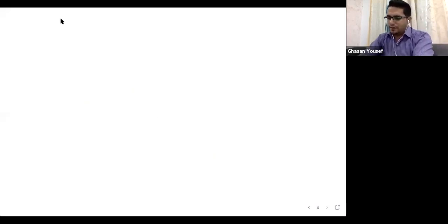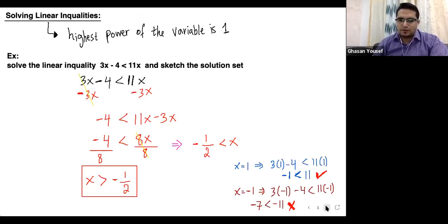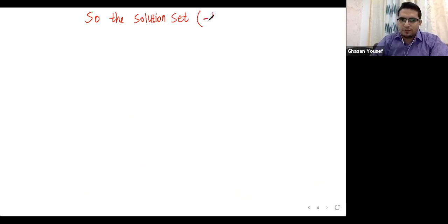The solution set is any number greater than minus 1/2, so it's going to be minus 1/2 to infinity. All these numbers will satisfy this inequality and will be correct if I plug them inside the inequality.